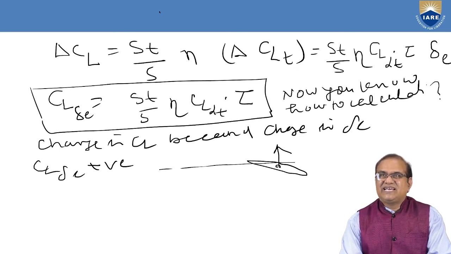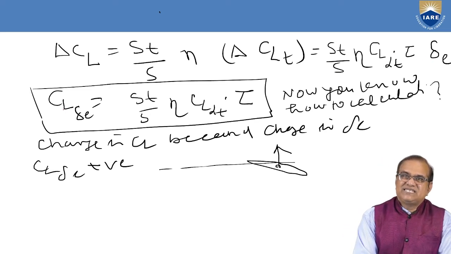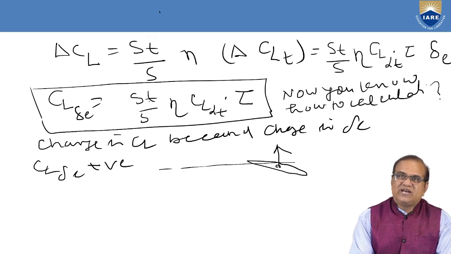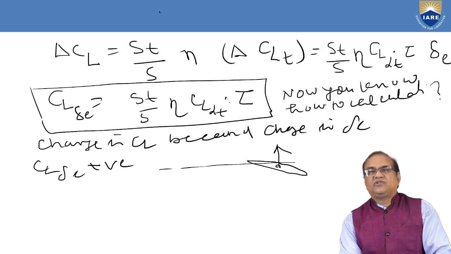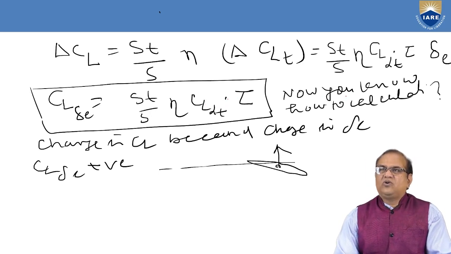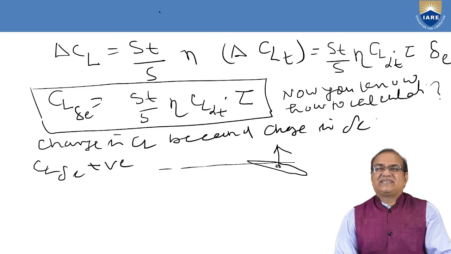So here ST by S neta CL alpha T into tau into delta E. So now CL delta E is equal to ST by S neta CL alpha T into tau. Now you know how to calculate the change in CL due to delta E.